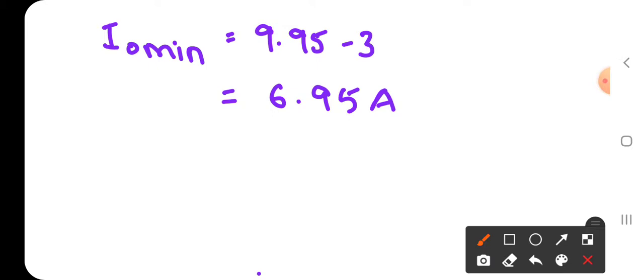So IO min is 6.95, IO max is 9.033. Therefore the current will be regulated between 6.95 and 9.033.